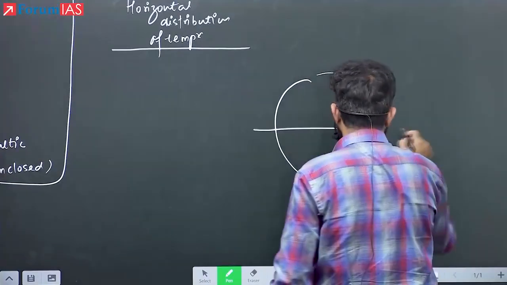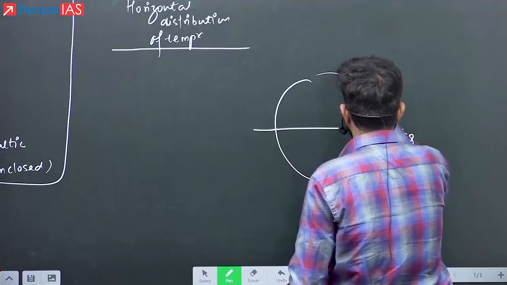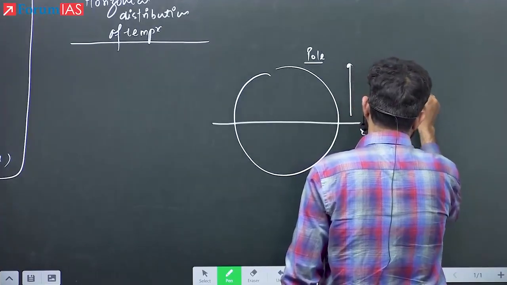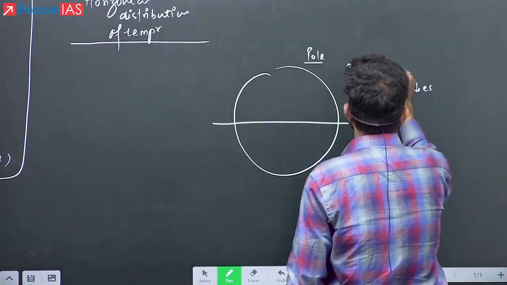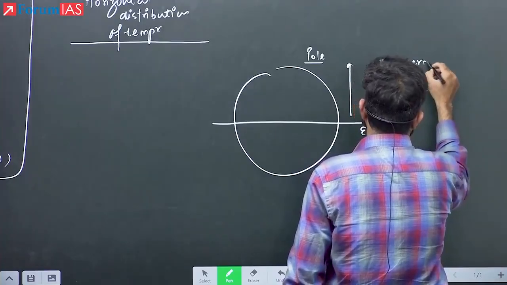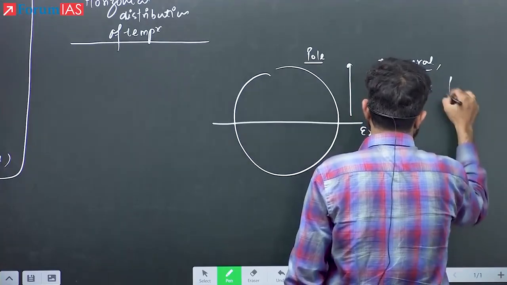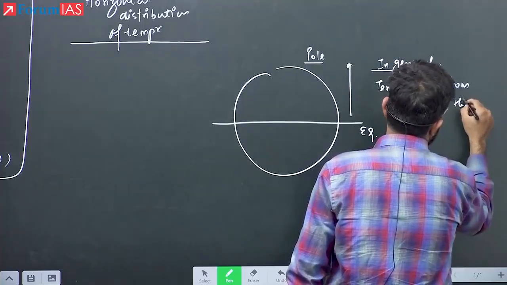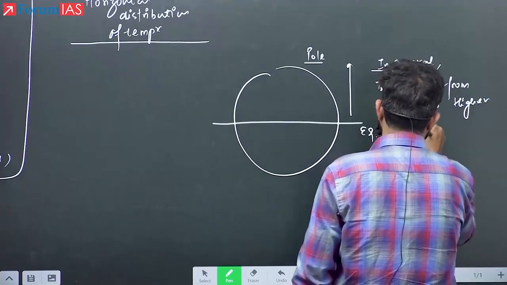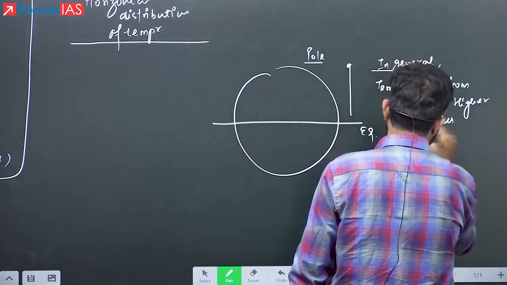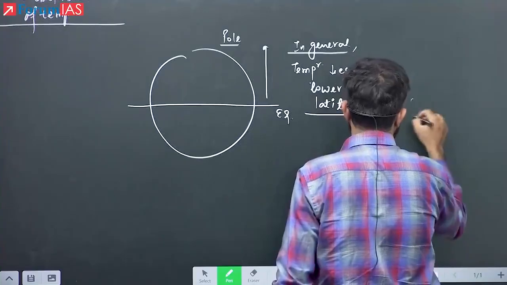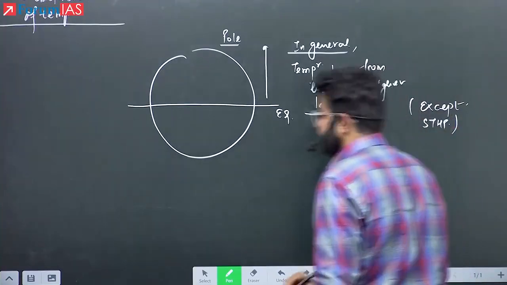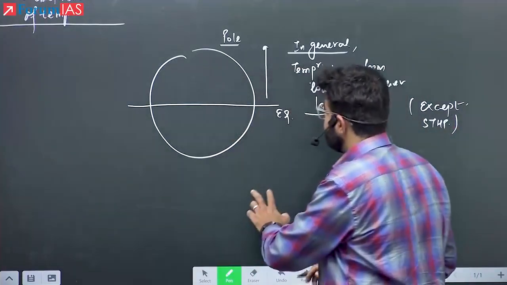So from equator to the polar area, in general, temperature decreases from equator from lower latitudes to higher latitudes. Except you are now aware of this factor, except STHP area. Here the temperature will increase again, right? Otherwise, this is the general trend.